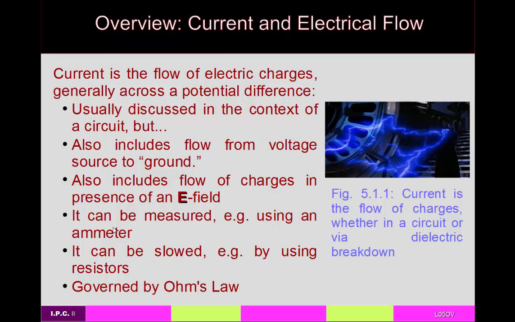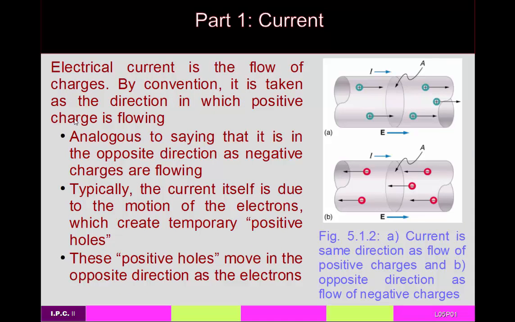And then in the second part, we're going to talk a bit about what impedes the flow of current in the form of a resistor, and how do we measure the flow of current, how do we measure the potential difference, etc. So with that said, part one is going to be focused just on current.